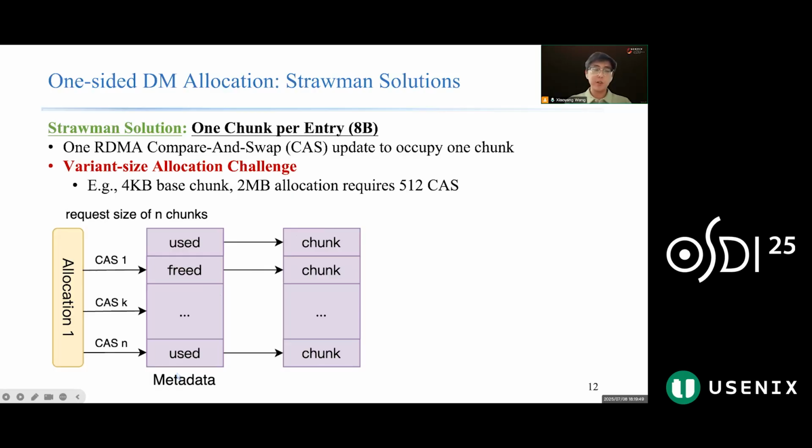For example, one chunk per entry may require checking every entry in the address space, with each check needing an RDMA round trip, especially CAS. This results in unpredictable allocation times, especially for large allocations that span multiple chunks, like 2 megabyte allocations, which require about 500 compare-and-swaps, which is really costly.